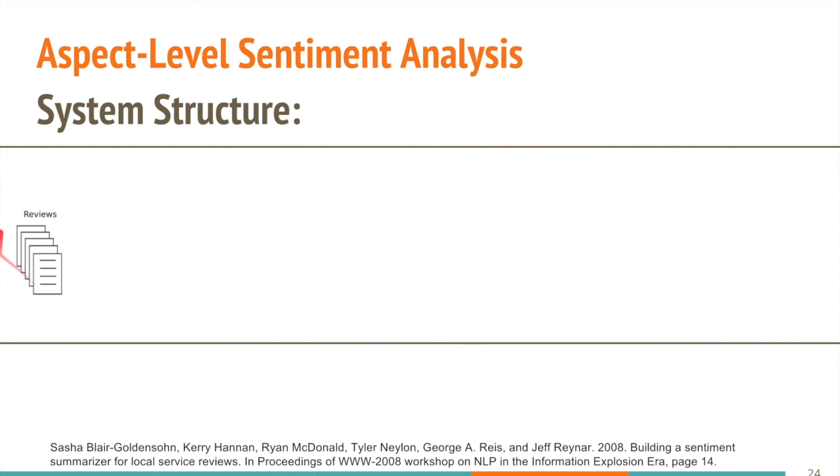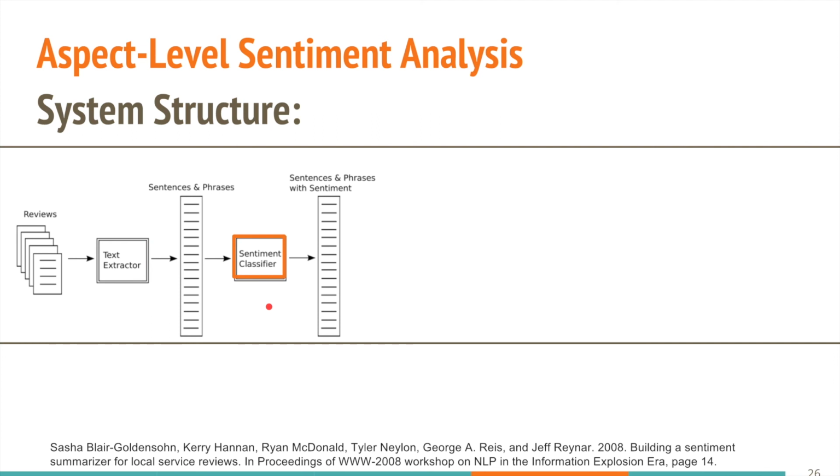First, we have a set of reviews, and we feed this as an input to a text extractor, which breaks reviews into a set of text fragments, including sentences, clauses, and phrases. Then we feed this into a sentiment classifier, which classifies each text fragment as positive, negative, or neutral.